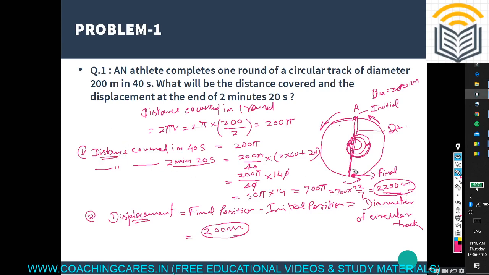So guys, I hope that you are able to understand now. You have to understand the condition, apply the formula, calculate, and understand the position. You have to differentiate between distance and displacement to calculate exactly what the question asks, or to solve the numericals.